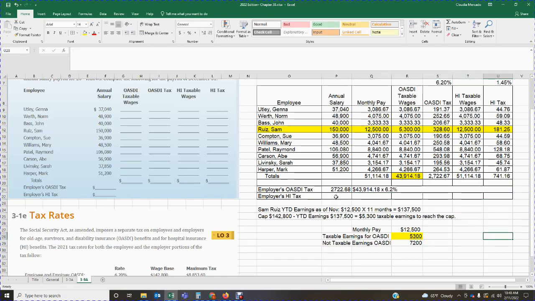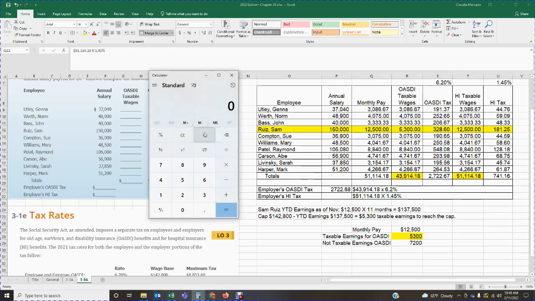For my employer's HI tax, the same thing. In this case, we're going to get the HI taxable wages, which is 51,114.18, times my rate of 1.45%. And let's see what that gives us.